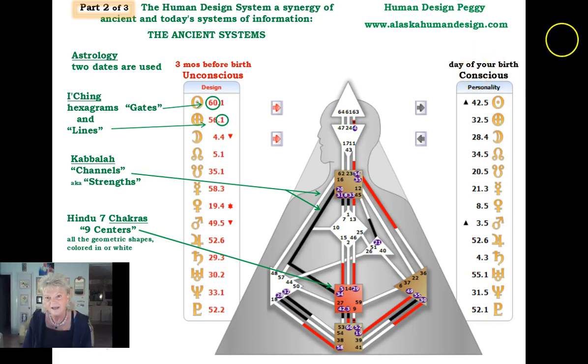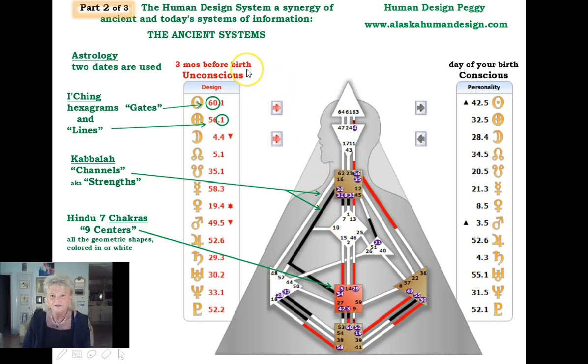And they're all black, and all these numbers are black because it's representing his personality and his conscious. He's conscious of this. And this happened on the day that he was born. And all of these whole numbers that you see are related to all the black lines, the long lines or short lines in this body graph.